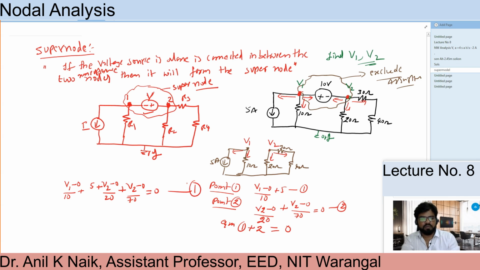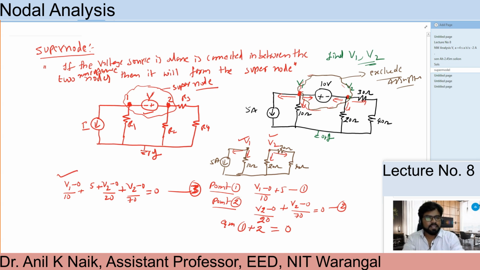This is equation 3. So this is what I'm writing in the case of supernode analysis. This part I'm excluding, and for whatever leftover part, according to nodal analysis, I write the equation with respect to this point and this point, and I'm just combining those two equations. So this is the equation I'm getting.